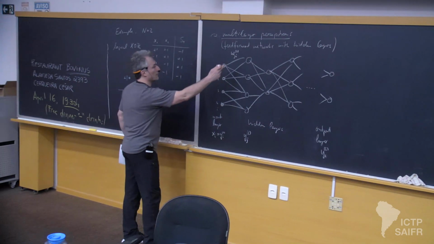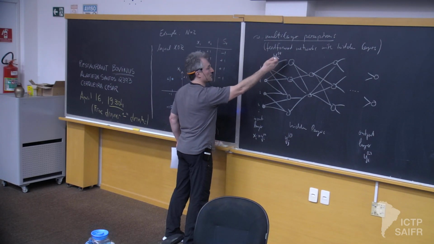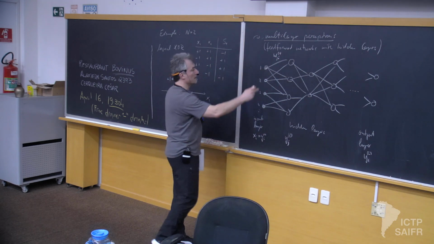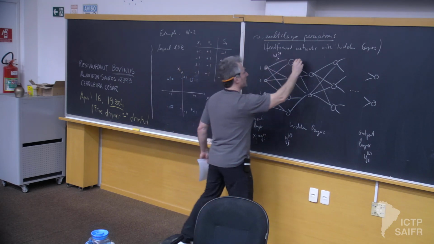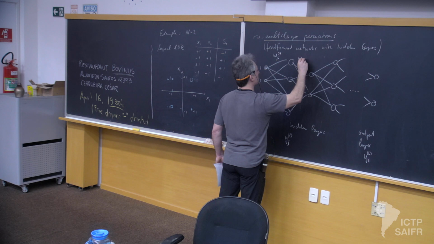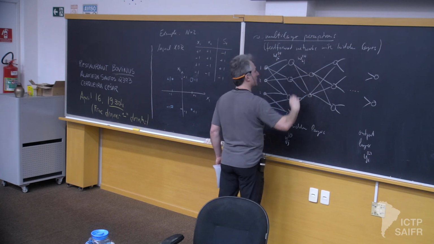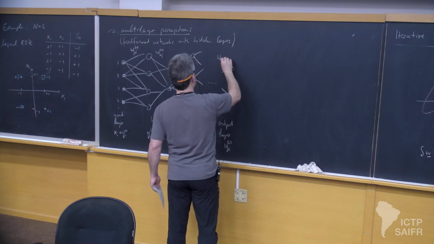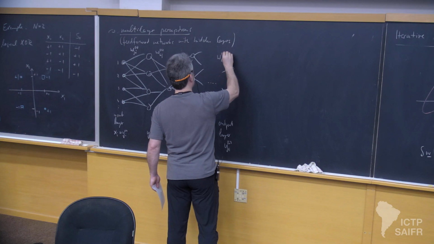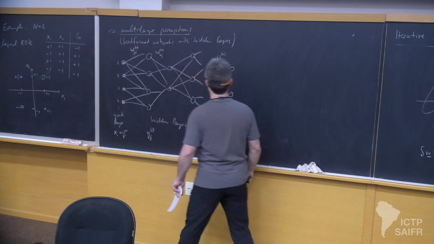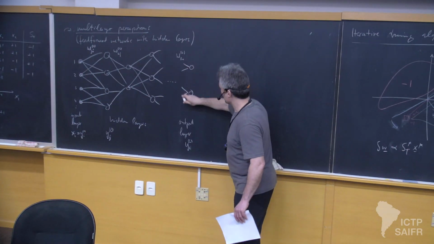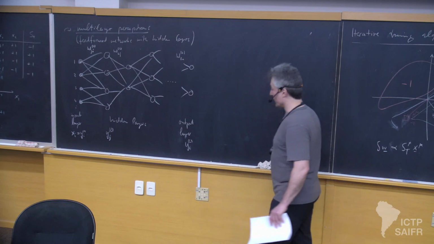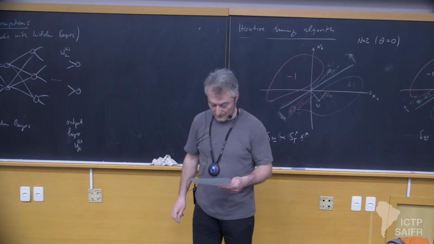So it goes from i to j, that's the notation, so that I can write it as a matrix product. And the first one has a 1, and the second one has a 2, and so on. And the last entry here has an L as an index. So the last layer of connections.